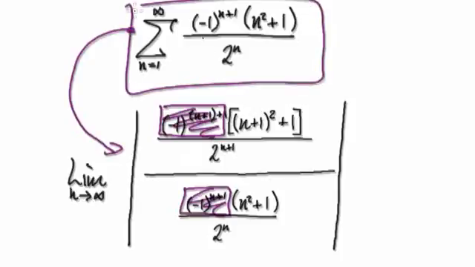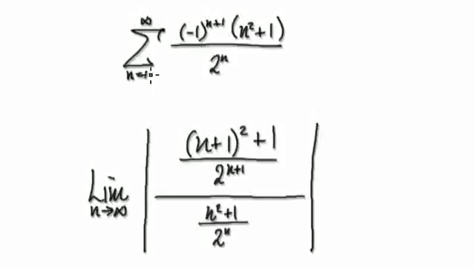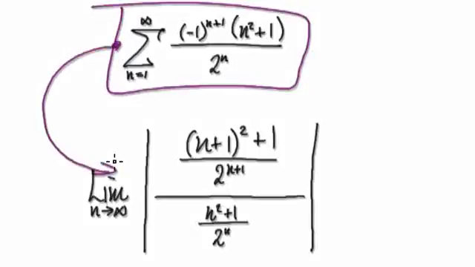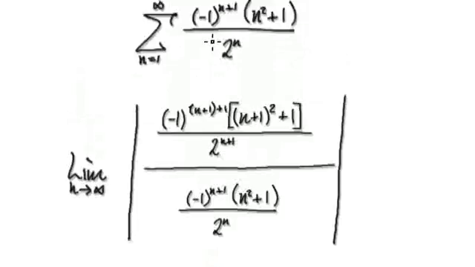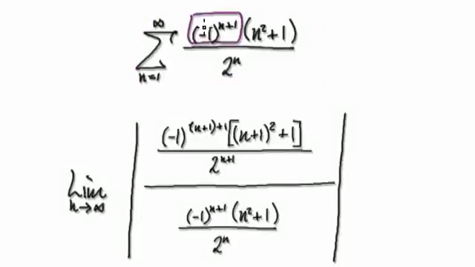But when you come to do this by yourself, just jump straight to here. Immediately discard this, because you know you're going to take the absolute value of the whole thing. When we did it earlier, we actually kept this thing and this thing here.